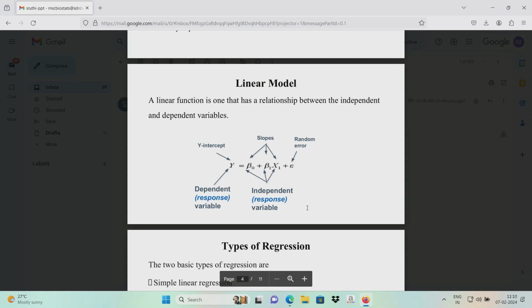Here, y is the dependent or response variable, beta naught is the y-intercept and beta 1 is the slope for the independent variable, whereas epsilon is a random error. This is the basis for the regression model. This linear function gives the relationship between independent and dependent variables.